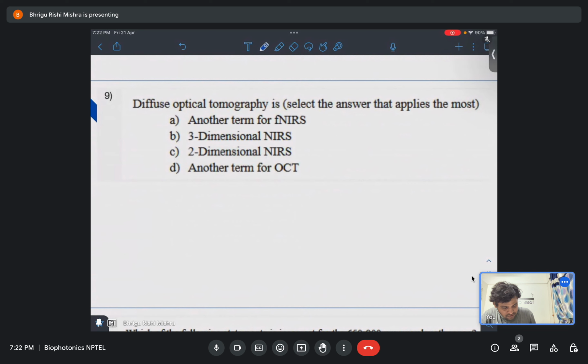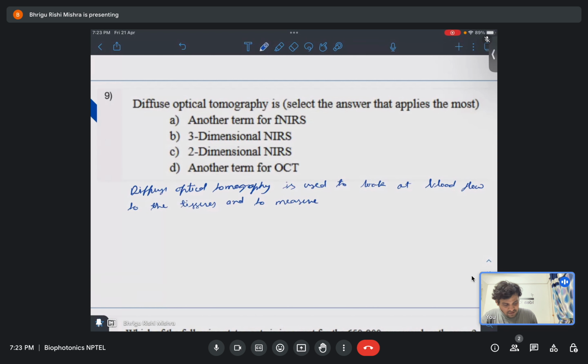Diffuse optical tomography is used to look at blood flow to the tissues and to measure changes in the amount of oxygen in them.